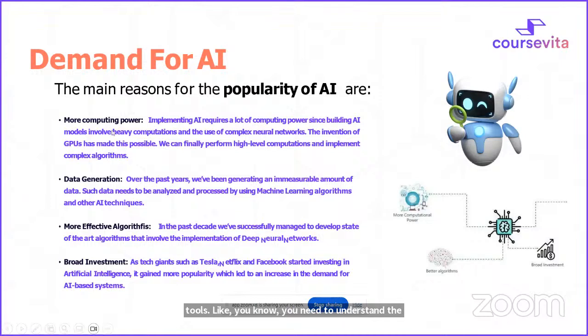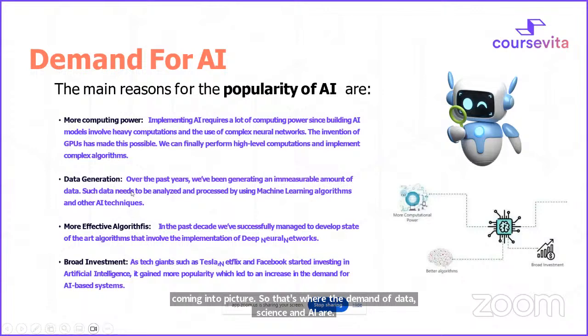So you have more computing power, which means a lot of technology is coming up and data is collected everywhere. There is a high level of competition, and more complex algorithms are coming into the picture. That's where the demand for data science and AI is huge nowadays.